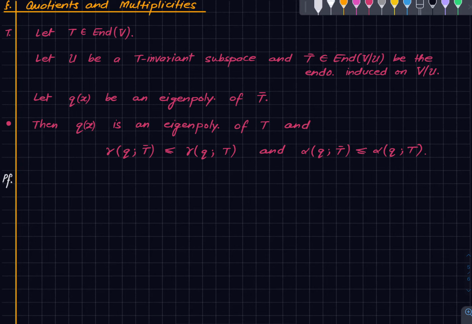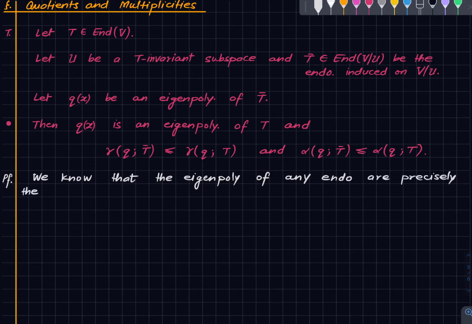We know that the eigenpolynomials of any endomorphism are precisely the monic irreducible factors of the minimal polynomial of the endomorphism in question. This is something that we have proven earlier.